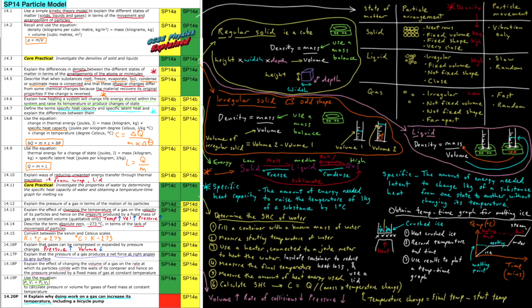Measure the final temperature of the water. Measure the amount of heat energy used. And then calculate the specific heat capacity by using C equals Q divided by mass times temperature change. The temperature change will be the final temperature take away the temperature at the start.